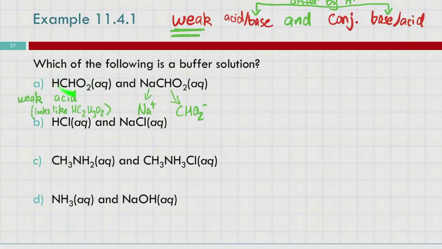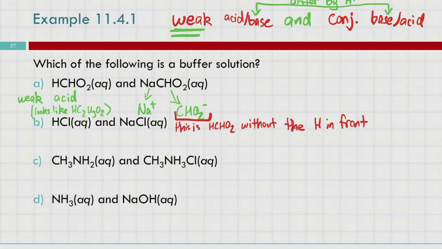We've got a weak acid. Do we have in here the conjugate base? Something that's different by only an H. Yes. This CHO2 minus, this is HCHO2 without the H in front.